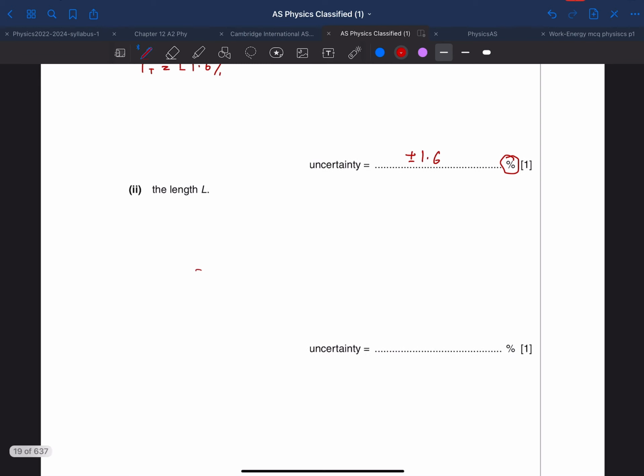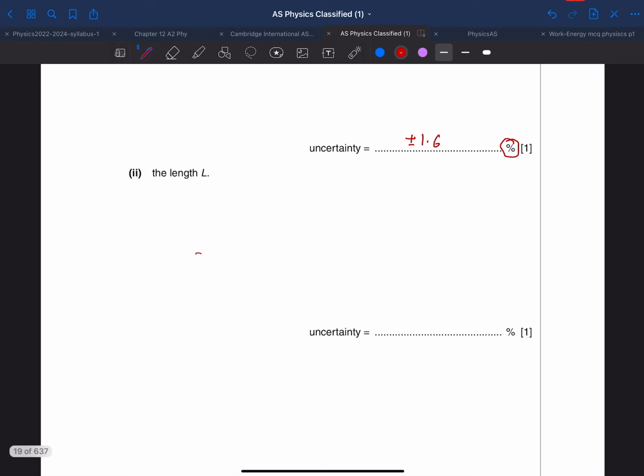On the other hand, the percentage uncertainty in the length is required. So you can write PL is plus minus del L over L into 100. Values are given. So del L is 1 and the value of the length is 92.